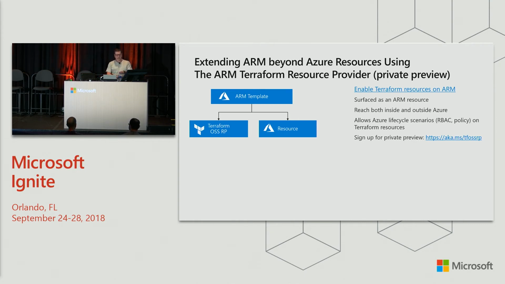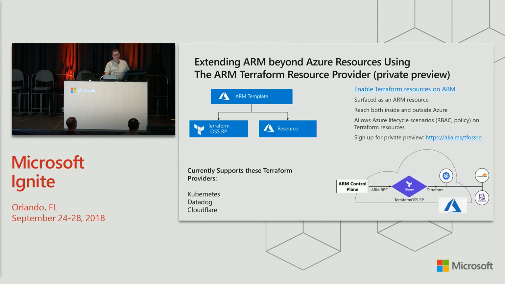And the idea here is that we can reach outside of Azure, so you can manipulate resources outside, but also it's handy for control planes that live inside of Azure that don't abide by the ARM RPC contract. And the most obvious example of that is Kubernetes.